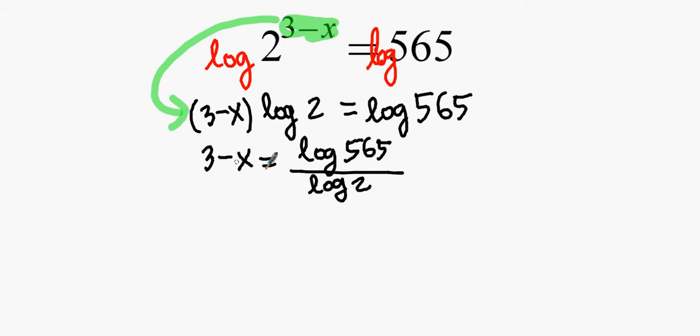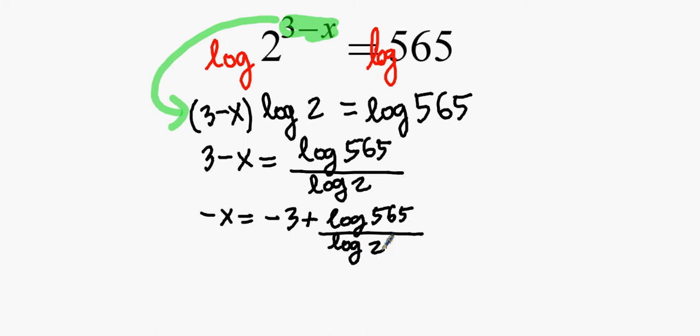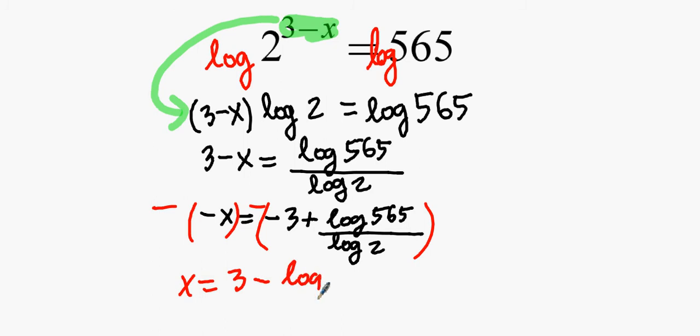The next thing, I will move 3 over to the right, so that's going to be negative 3 plus log 565 divided by log 2. And finally, I will multiply by negative 1 to get rid of this. So there's going to be positive x equals 3 minus log 565 divided by log 2.